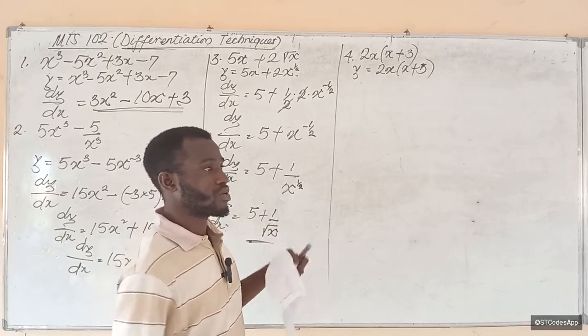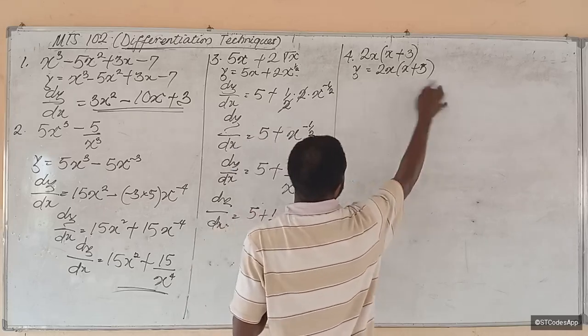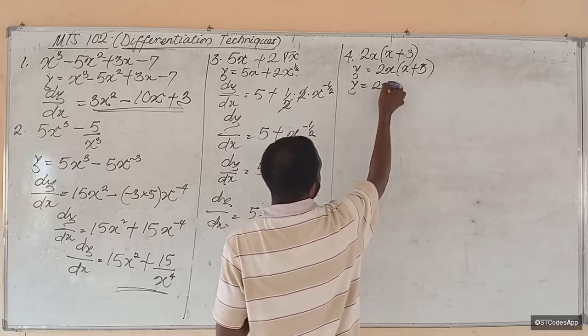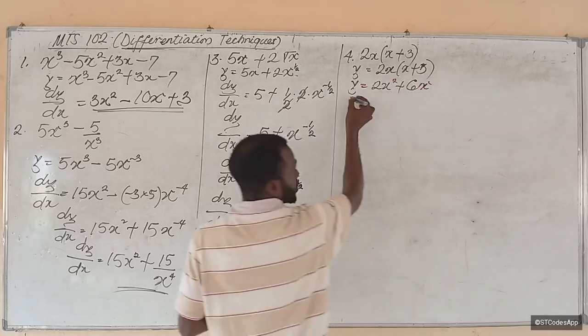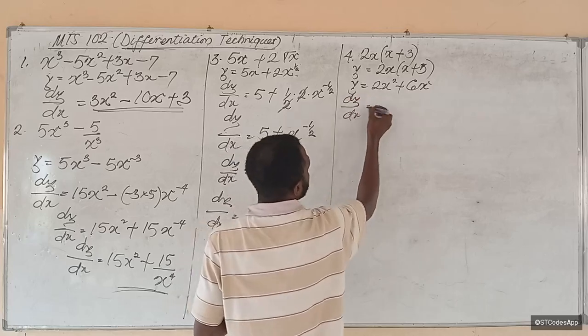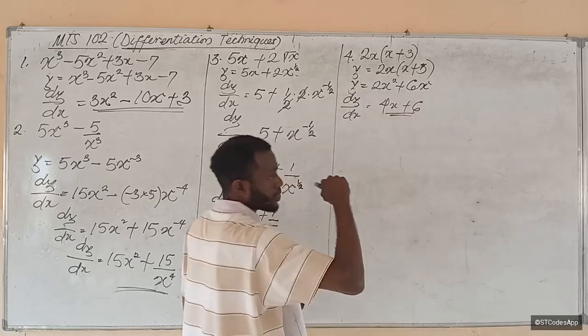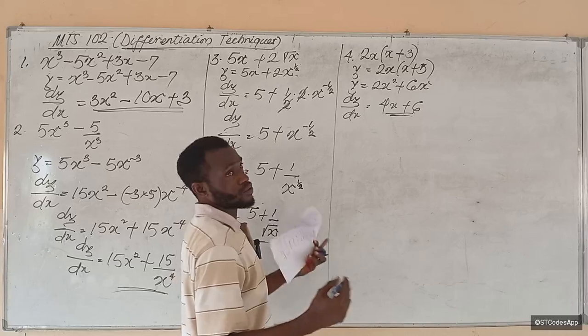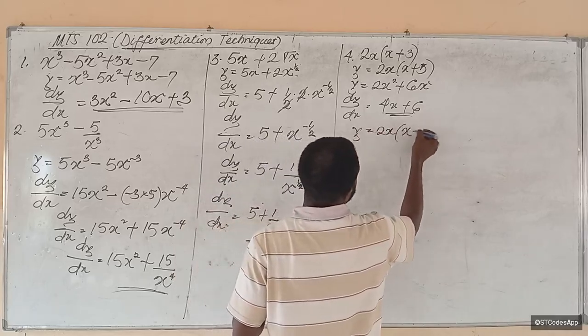So look at this. What I'll just do to use the power rule is to open the bracket so that y becomes 2x squared plus this times this, that is 6x, so that dy dx will be equal to 4x plus 6, and that will be my answer.